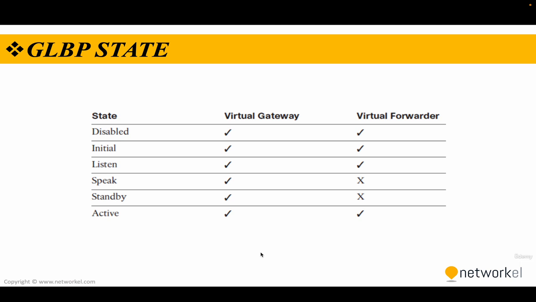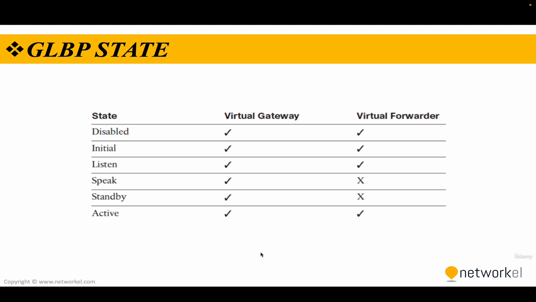For the virtual gateway, the disabled state is part of GLBP configuration. It means something is configured, but the virtual IP is not configured yet. That is the disabled state.